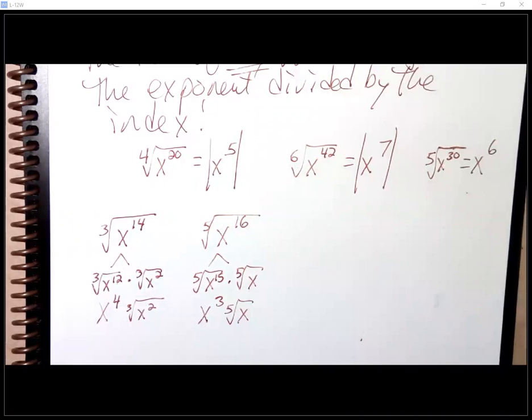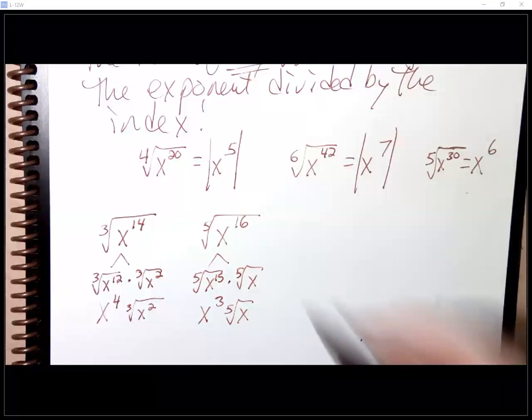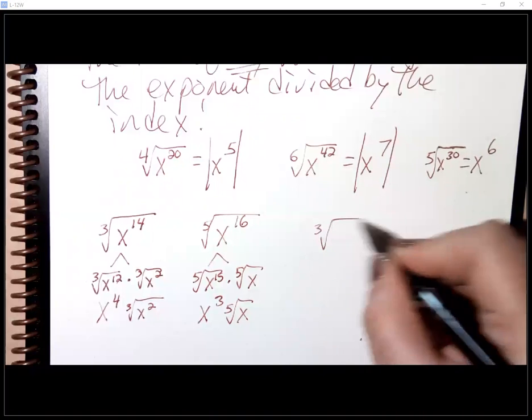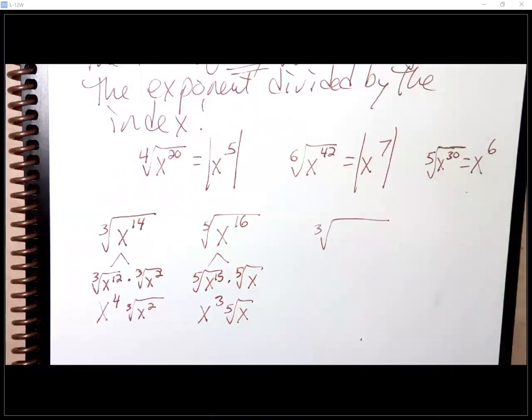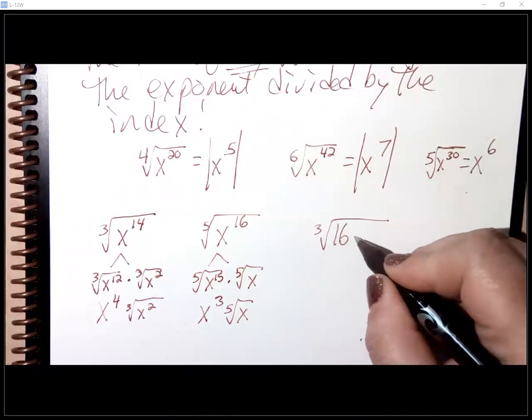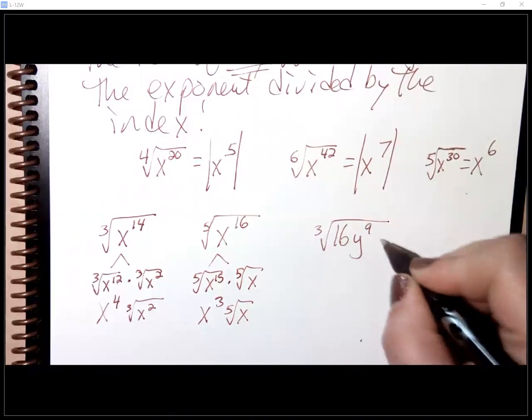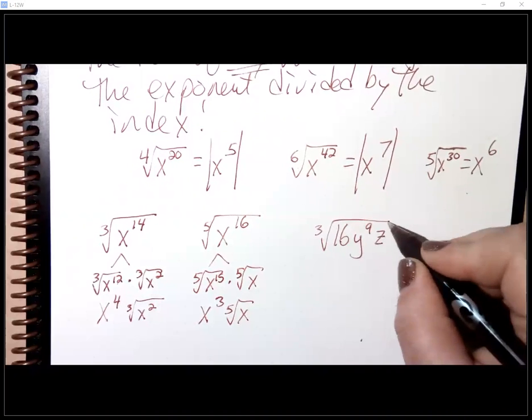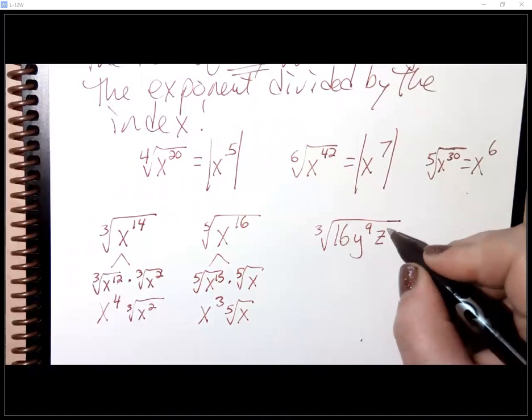So the only way that these get more difficult is when we're combining numbers and variables together in the same problem. So let's try one. Let's do a cube root of something like 16 y to the 9th, z to the 23rd.